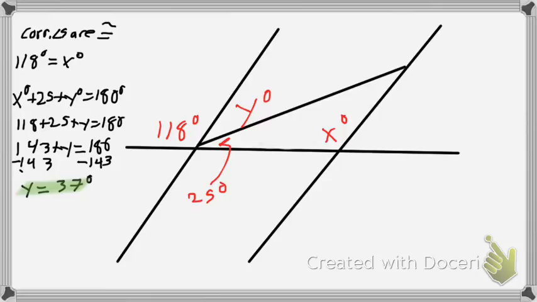Well, if they're going to be parallel, then corresponding angles have to be congruent. If they're going to be parallel, then same-side interior angles have to be supplementary, right? And we do the exact same math. So it depends on kind of where you're starting from. Make sense?